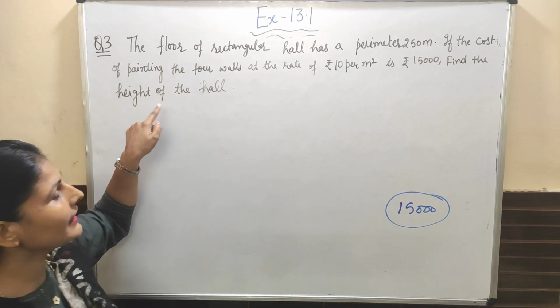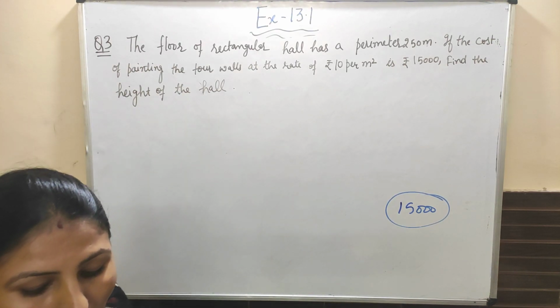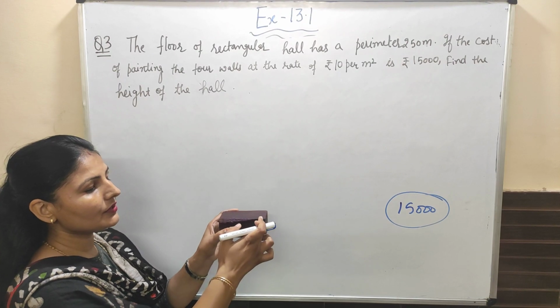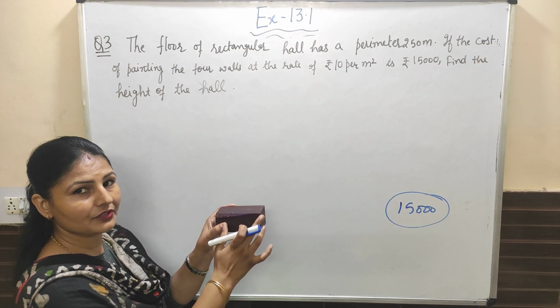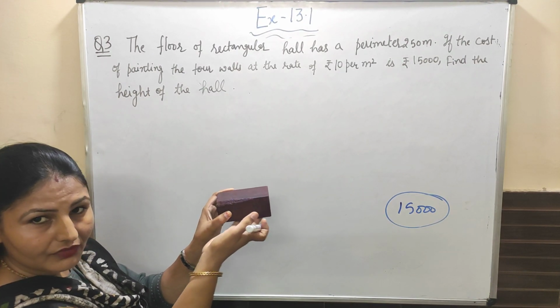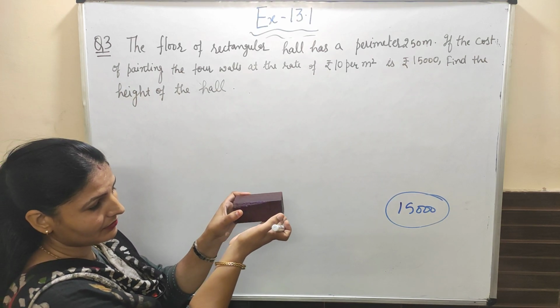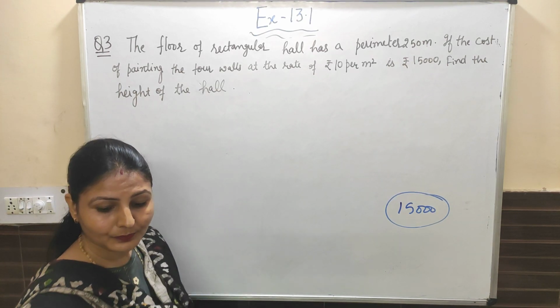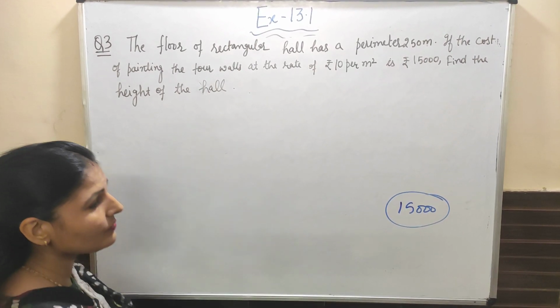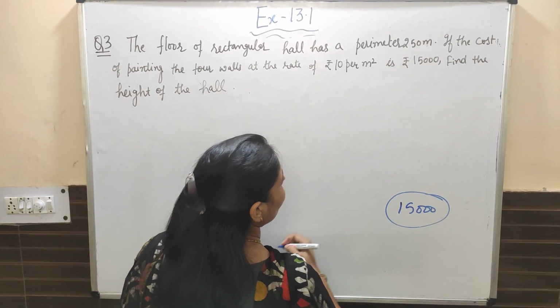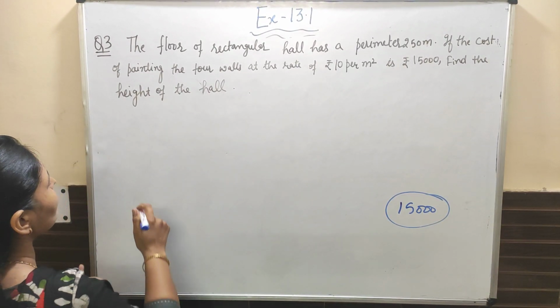You have to find the height of the hall. For this cuboid, you have to find this height. Look at the figure carefully. The perimeter of the bottom, the perimeter of the floor, is given. First, we have to calculate the area of 4 walls.